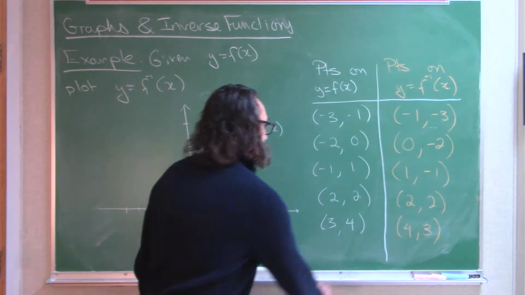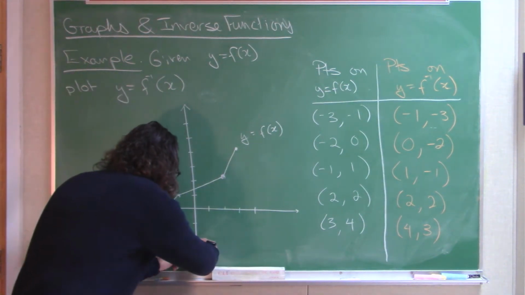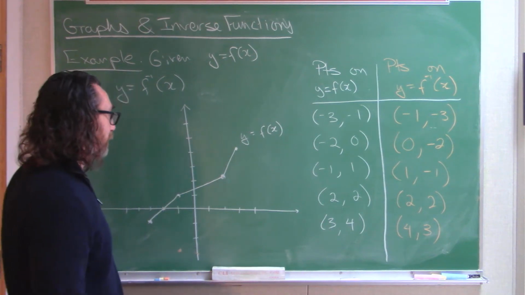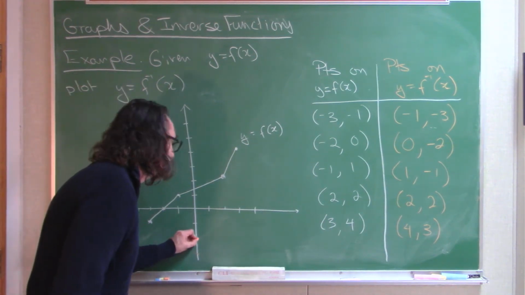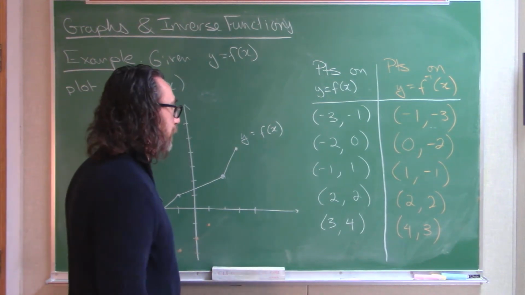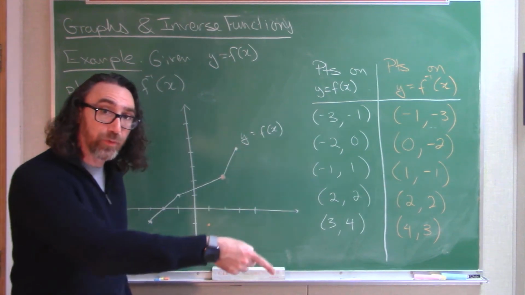Now we plot those. So (-1, -3), which is down here. (-1, -3), (0, -2), (1, -1), (2, 2). Notice that was on the original and it's also on the inverse.